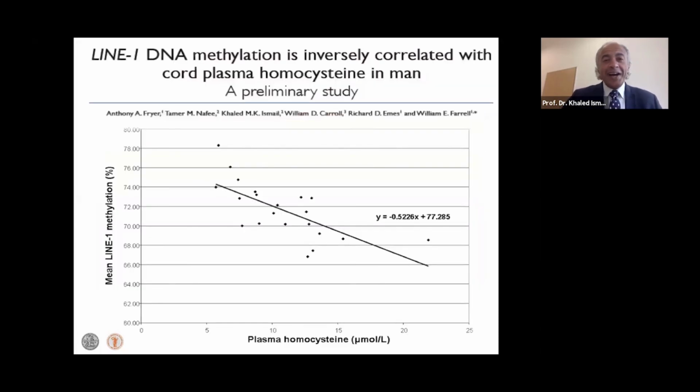Unfortunately, we did not find any association between either the level of maternal folic acid or folate or the fetal folate and the level of DNA methylation. However, we found an inverse correlation between the level of DNA methylation and the cord blood homocysteine level. In fact, we were the first group to demonstrate this association.